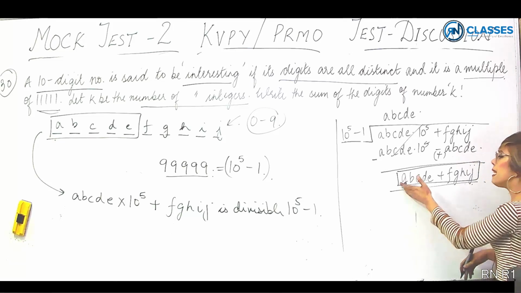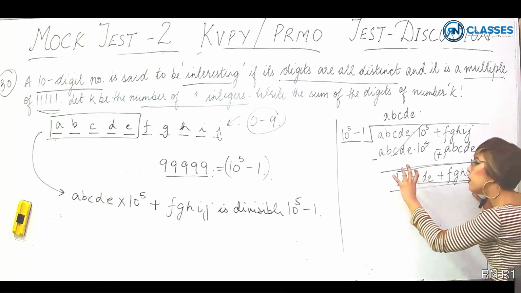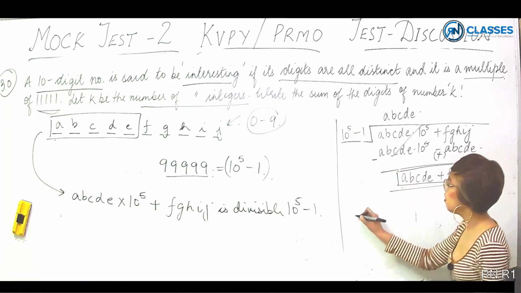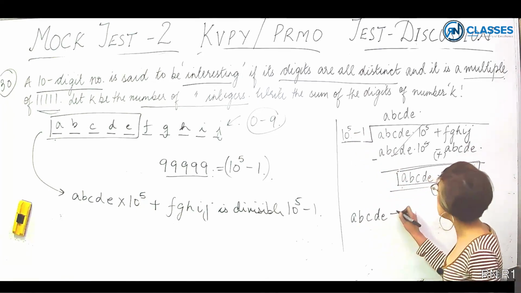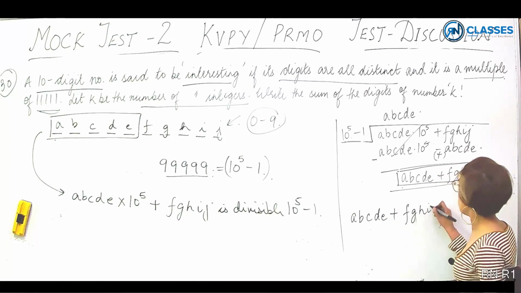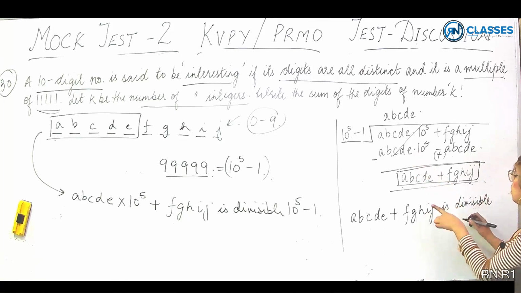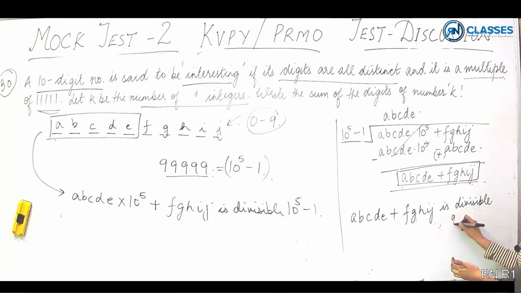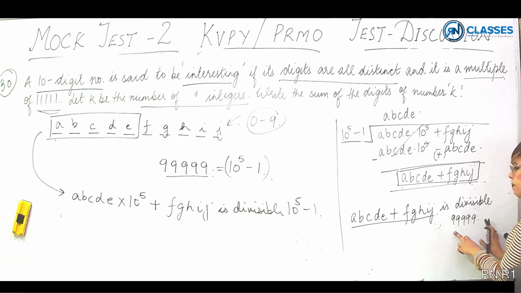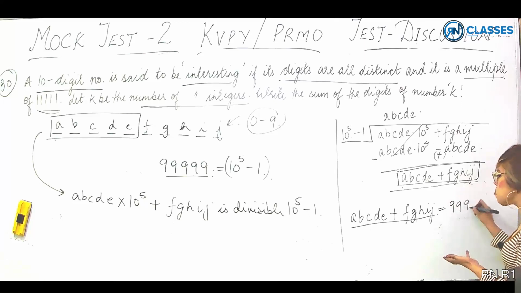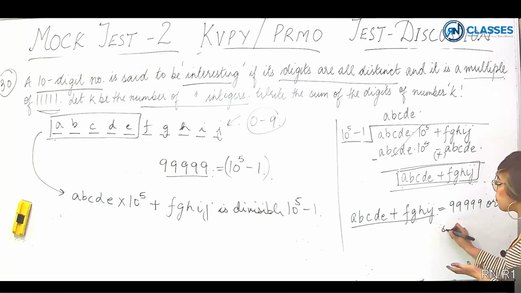Obviously this is not 0, so whatever this comes to has to be divisible by 10 raised to power 5 minus 1, which is 99,999. So this number, A, B, C, D, E plus F, G, H, I, J, is divisible by 99,999. Either this number can be 99,999 or some multiple of it.